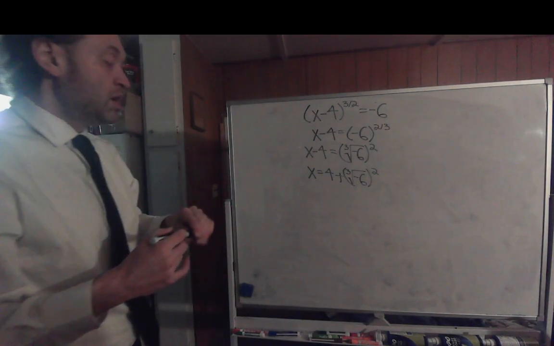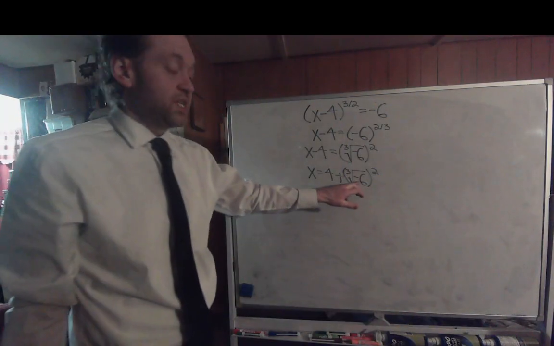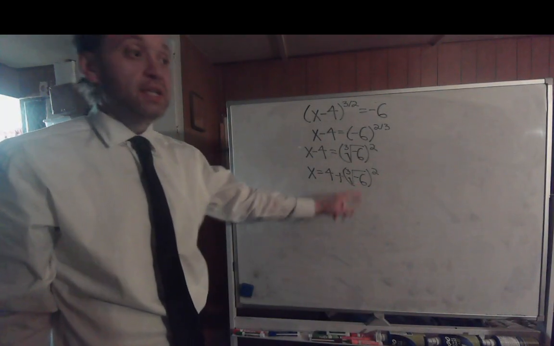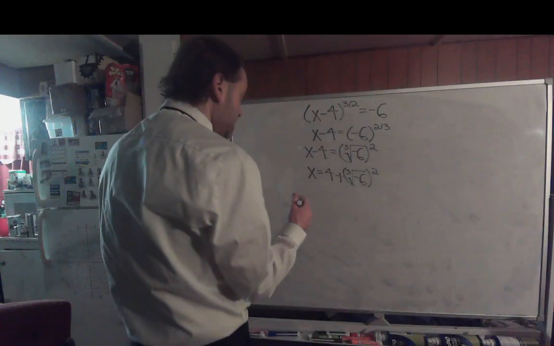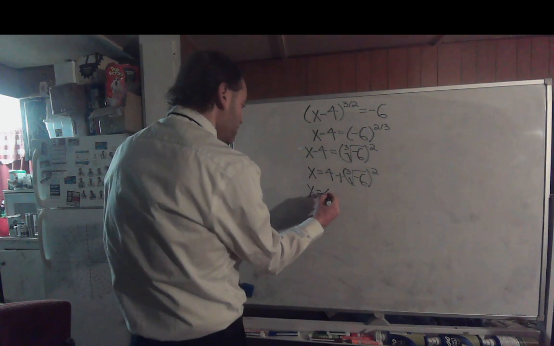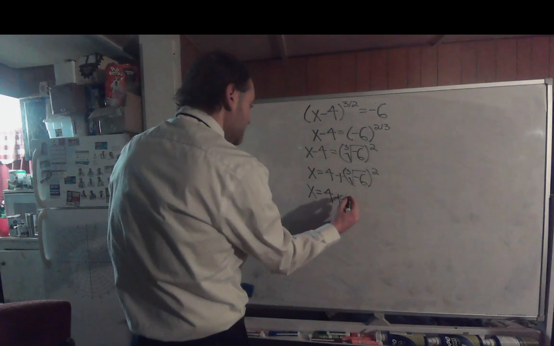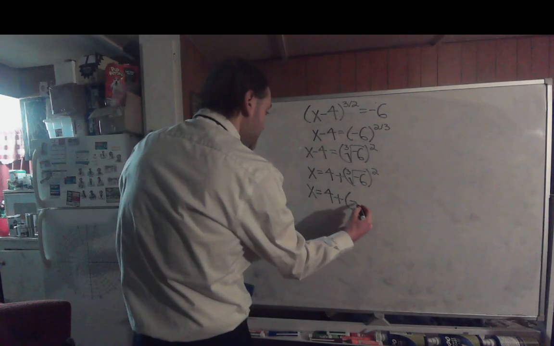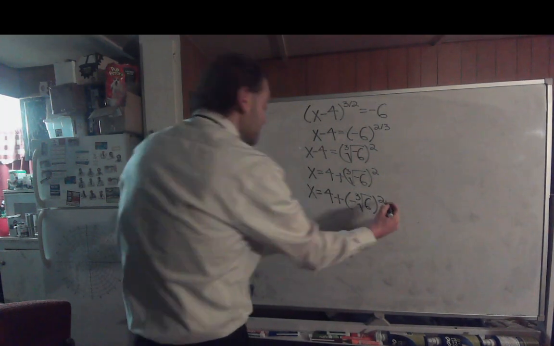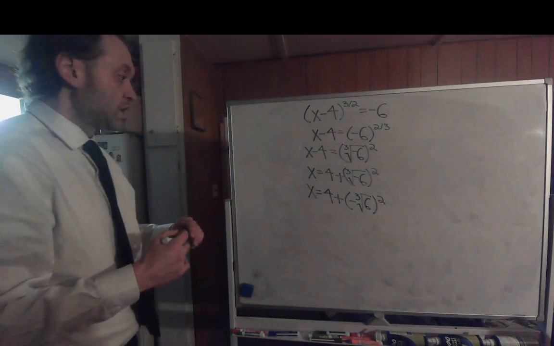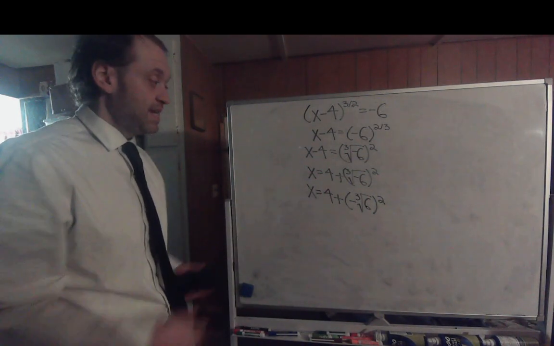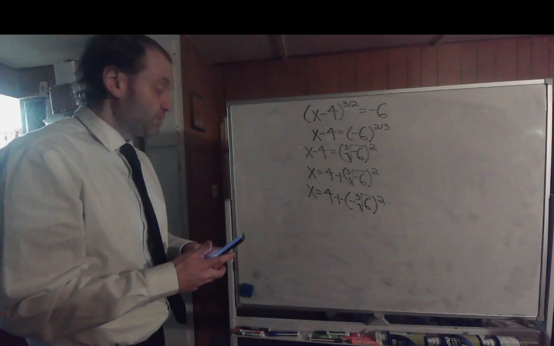Well, what do we know here about cube roots and negative numbers? You can extract a -1, right? The cube root of -1 is in fact -1. So x would equal 4 plus negative of the cube root of 6 raised to the 2nd power. So let's see if this actually holds up. Does this actually hold up? I don't think it's going to.